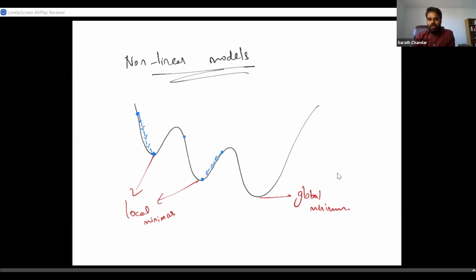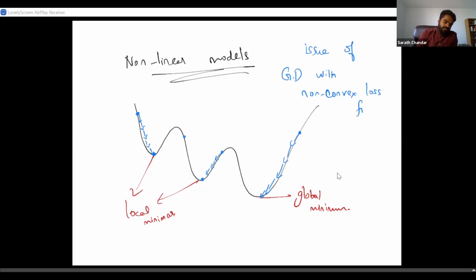By luck or by chance, if you start here, then the gradient descent will actually go to the true minimum. Now, this is the issue of gradient descent with non-convex loss functions. We will discuss more about this in the future lectures.